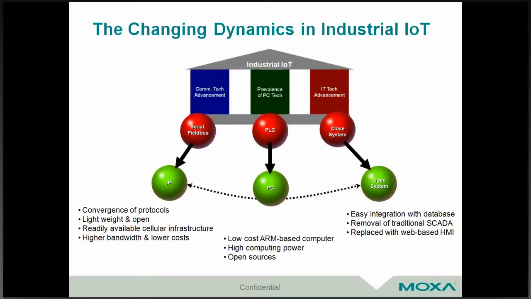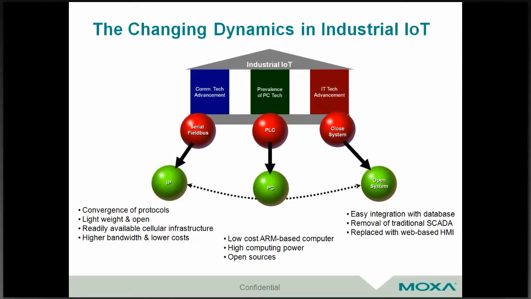What happened during the course of the past 5 years is that we started to see a driving force out there that is pushing industrial M2M to become industrial IoT.